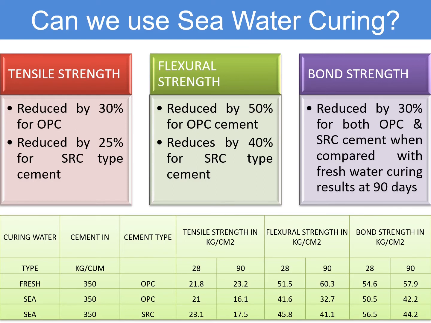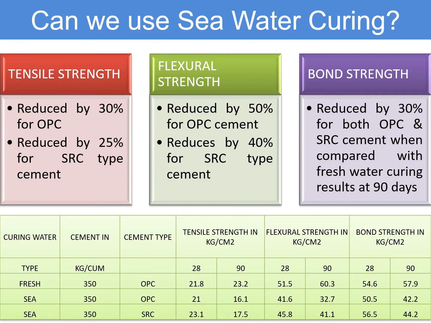Your flexural strength is reduced by 50% for OPC cement, and the same is reduced by 40% when you are using SRC type cement, and the bond strength is reduced in both cases by 30%, whether it is OPC or SRC, when compared with the results of the 90 days being cured in fresh water with OPC concrete.